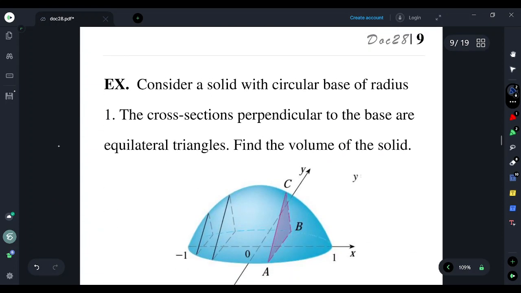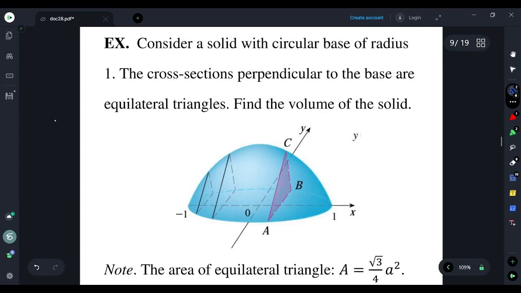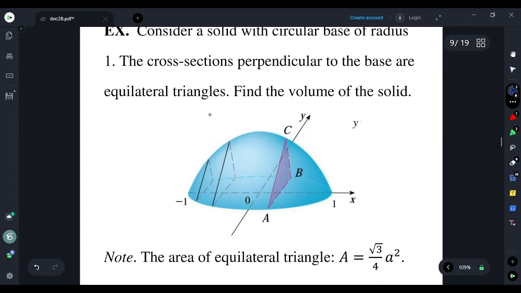So let me take a look at examples. Our first example, we are going to consider a solid with a circular base of radius 1. So when you look at the solid from above, you're going to see a circle in the xy plane, a circle of radius 1.